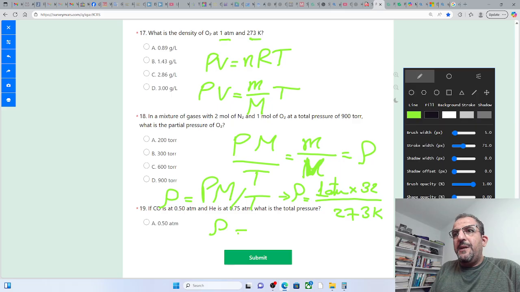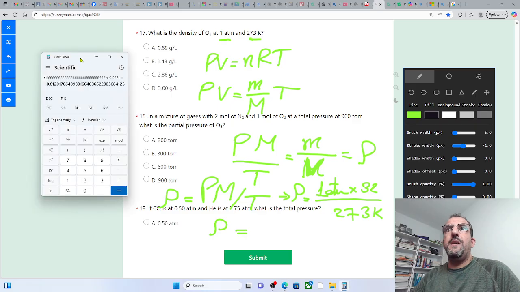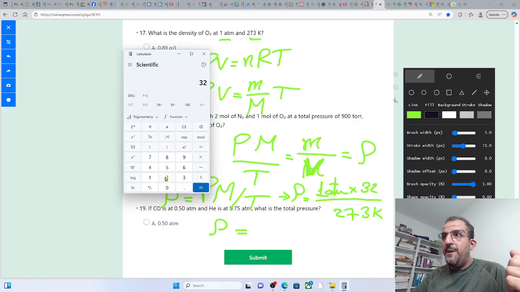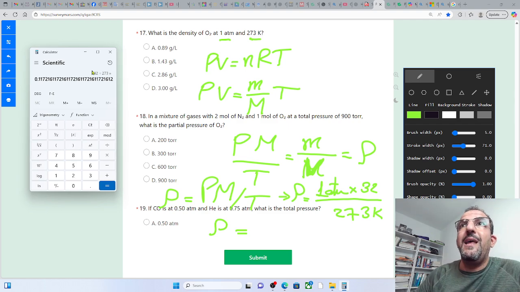And you can see that rho, the density, is equal to, let's use the calculator. So we have 32 times 1 and then divided by 273, so that gives me 0.11.